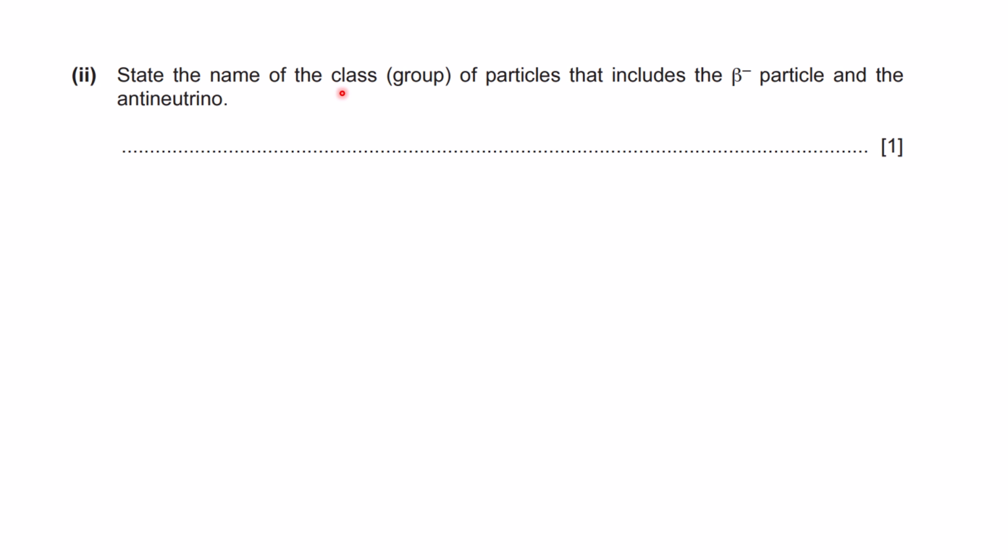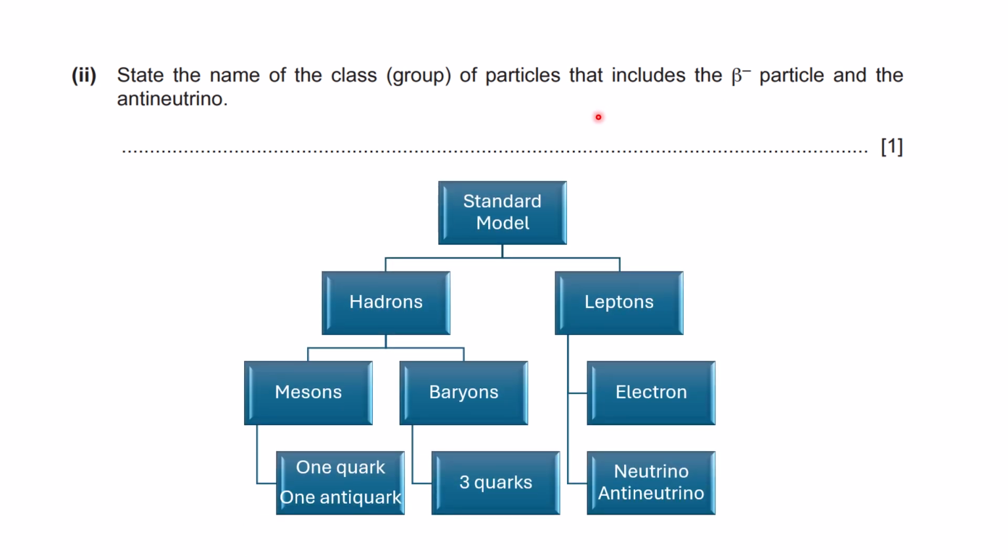State the name of the class or group of particles that includes the beta minus particle and the antineutrino. So here is the standard model. We have two families, hadrons and leptons, and the hadrons have other families. Let's talk about mesons and baryons.